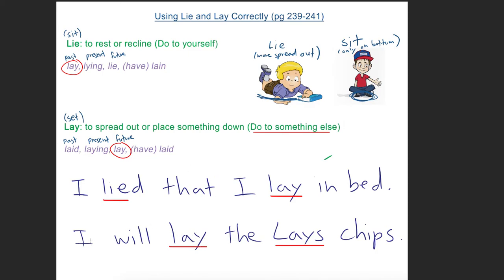"I will" means I will do it tomorrow or in the future. So this sentence tells me that the future form of lay is lay. Just like how the other sentence tells me that when I'm talking about the past of lie, I would use the word lay. Hopefully this will help you.